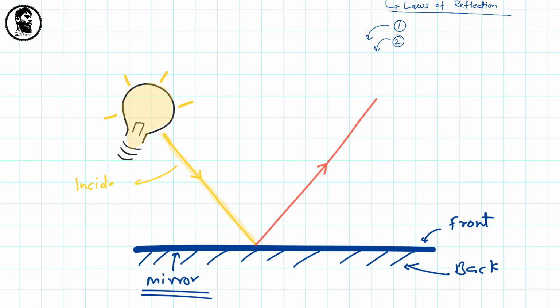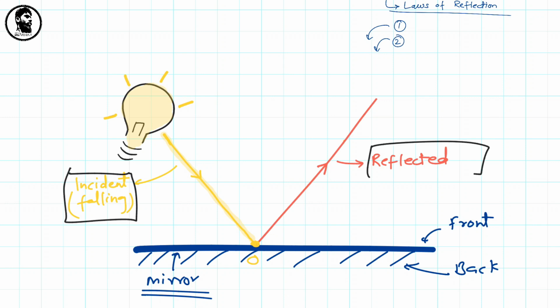Incident means, in simple terms, falling. It is incident at the point, consider O, and from there the ray of light is reflected. So here we have the incident ray and the reflected ray.